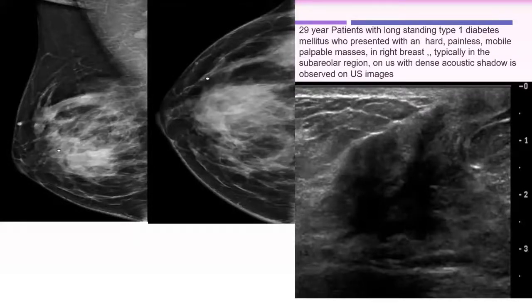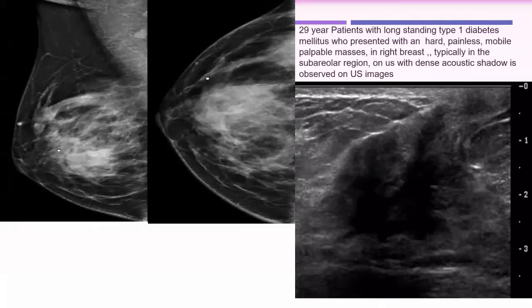And in these examples, 29-year-old patients with long-standing type 1 diabetes mellitus. What does this history signify? Diabetic mastopathy. Yes, excellent. We said diabetic mastopathy is stromal fibrosis, but it is a reaction seen in patients having long-standing type 1 diabetes.